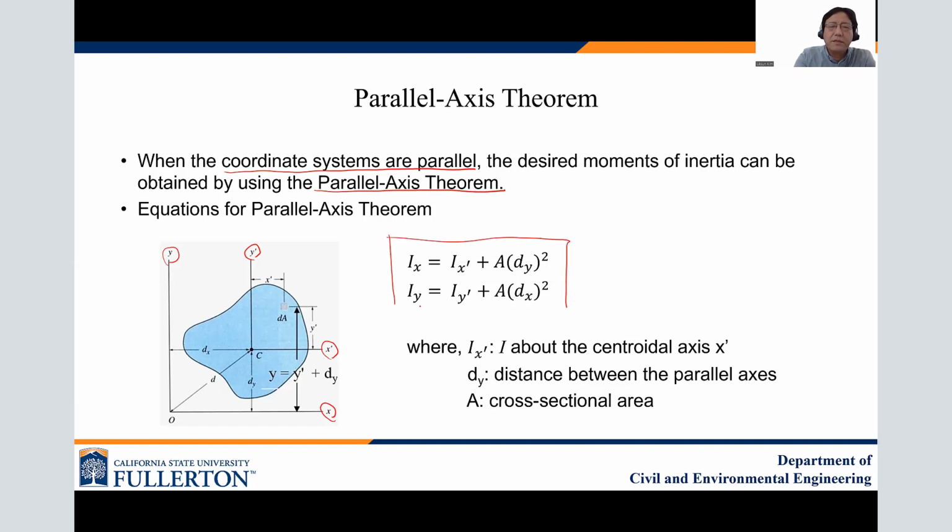For Ix, that means you want to find the moment of inertia about the x-axis. It is Ix prime, the moment of inertia about the centroidal axis x prime, plus area A times dy squared, where dy is the distance between these two axes, x and x prime. That is how you can find the moment of inertia about the x-axis. You can find this value using these two equations for Ix and Iy.